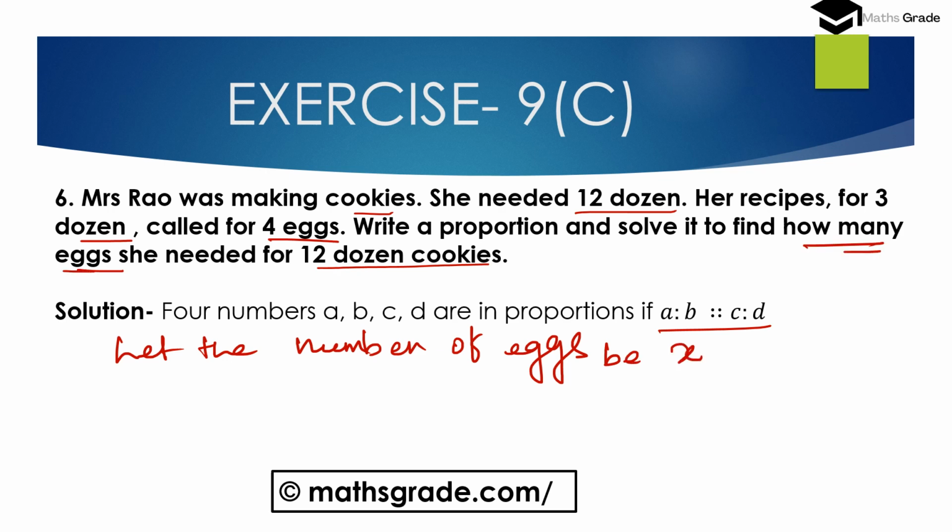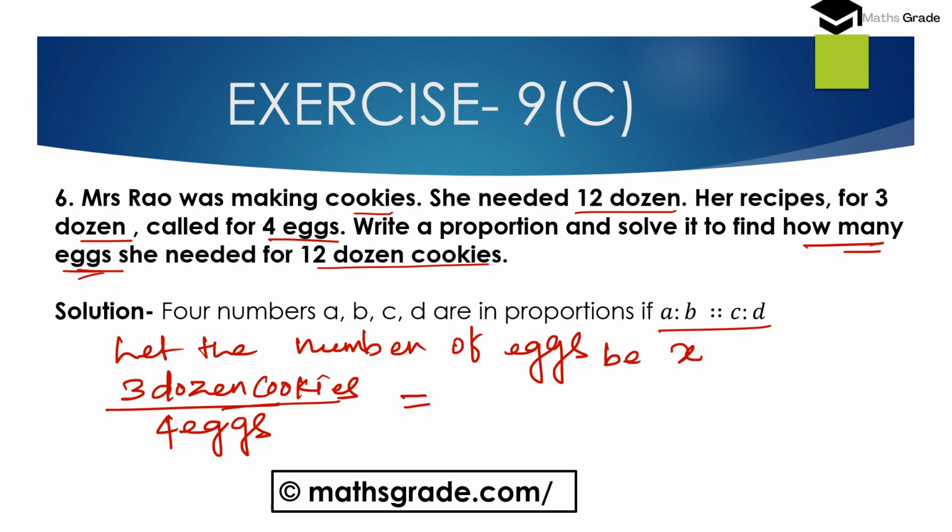Her recipe for 3 dozen cookies is to 4 eggs. Write a proportion equal to how many eggs she needed for 12 dozen cookies. So 12 dozen cookies divided by x.